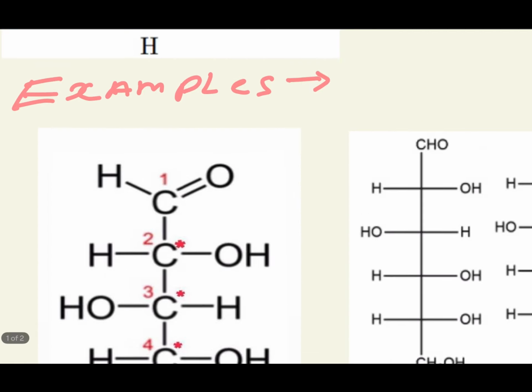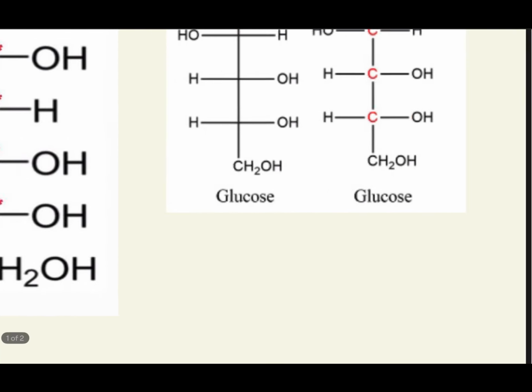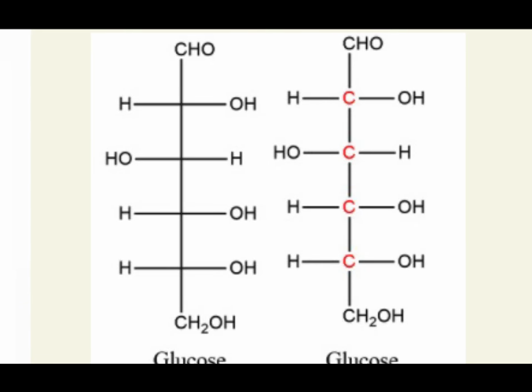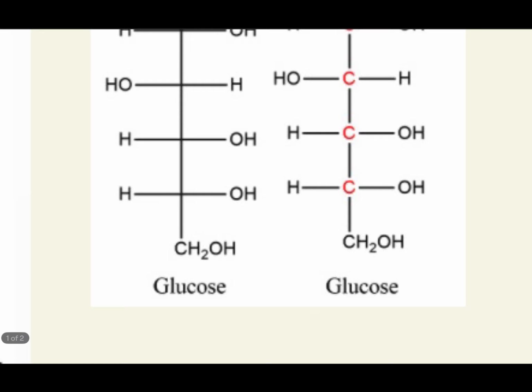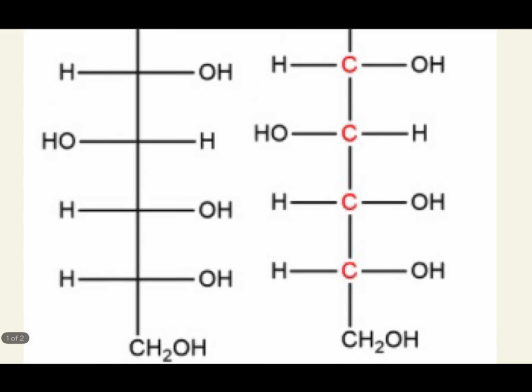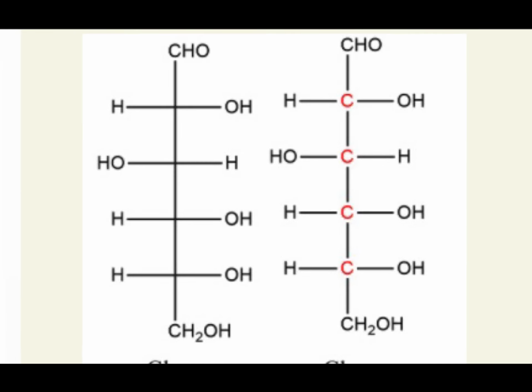So let's see some examples. It's a little complex example, but I know you can figure it out. In the example of glucose, you can see there is an aldehyde group.